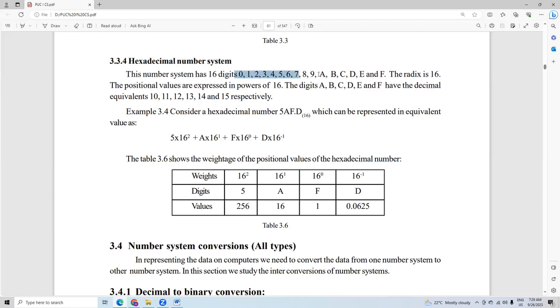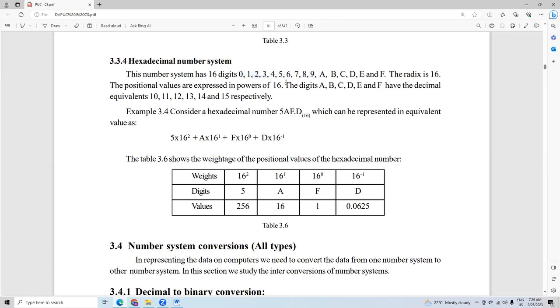In the range 0 to 15, all are not numbers. 0 to 9 are numbers. That means the first 10 of the 16 are numbers only.